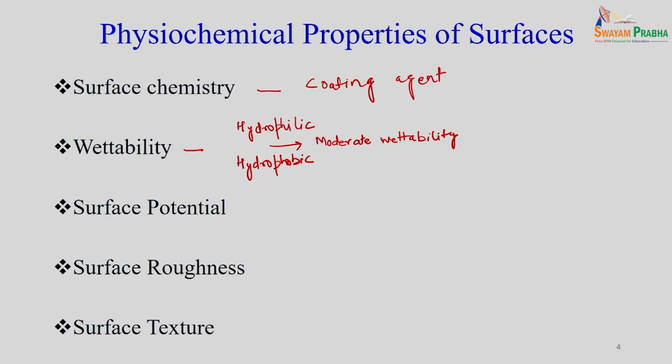Next comes the surface potential, means you can tune the surface charge. This will contribute particularly towards the electrostatic interaction. And the surface chemistry will contribute towards, let us say, hydrogen bonding.